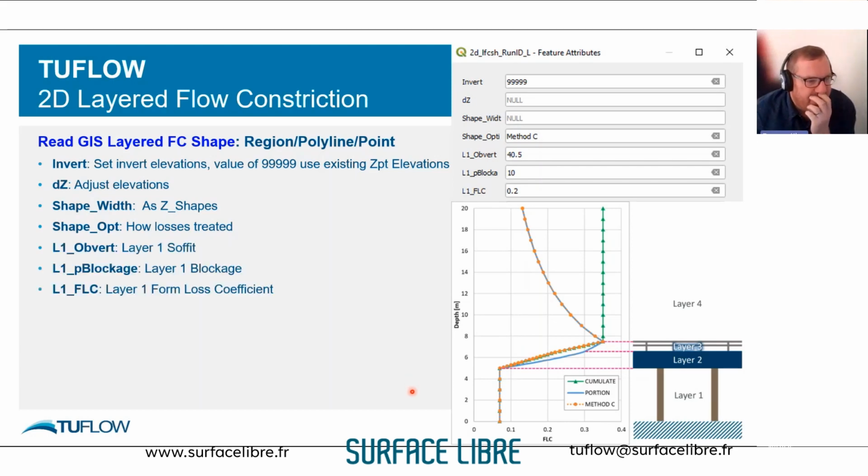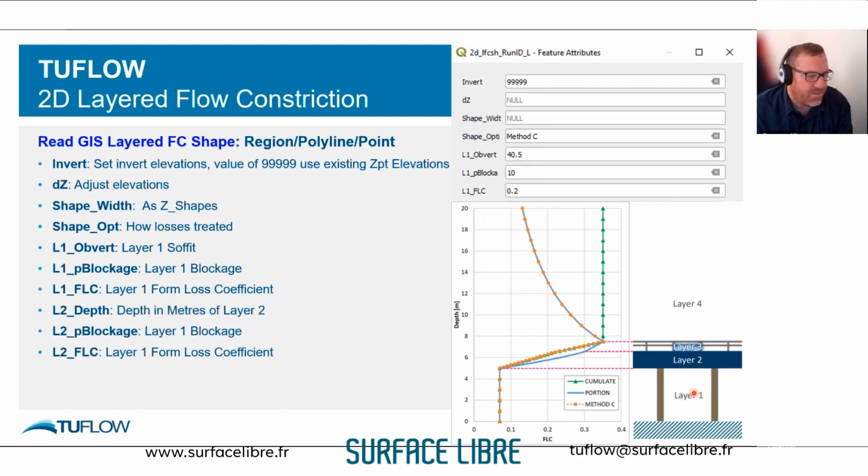We then specify our geometry of layer 1. So we apply a soffit, which is essentially the deck level. We apply our blockages, which is our pier blockage, and then we have our form loss coefficient associated with that first layer. We have layer 2, where we specify the deck thickness, and again we specify a blockage, and again we then apply a form loss coefficient.